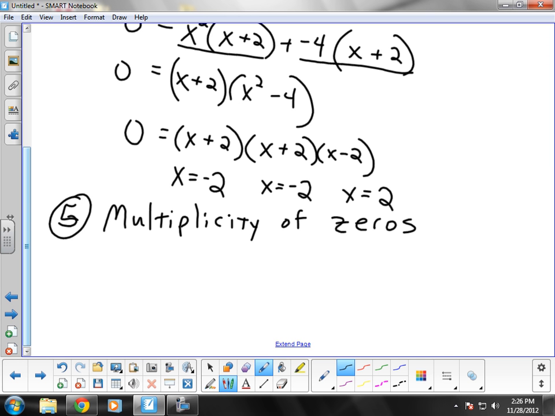If a zero appears more than once, then it has a multiplicity. So this one has multiplicity 2 because it's there twice. This one has a multiplicity of 1 because it's just there once.